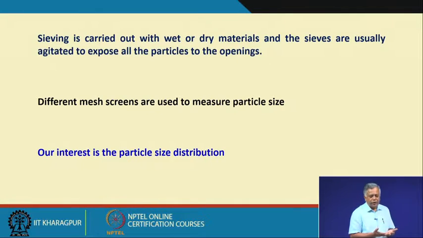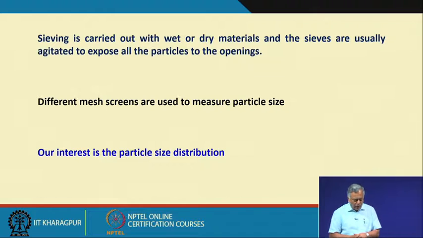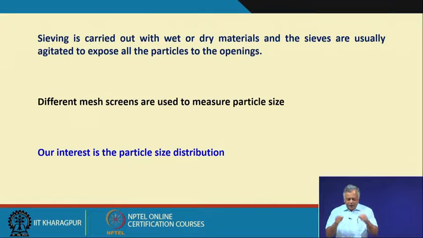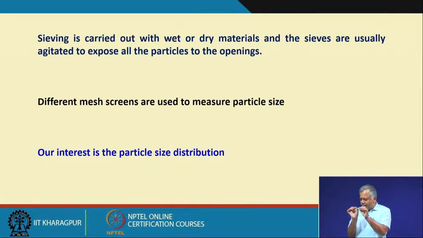So we try to use water to disperse them, and water also helps in the flowability of these particles from one sieve to another. And the agitation, as I explained, if the particles are choking your sieve apertures, then the agitation helps to prevent the apertures from choking.